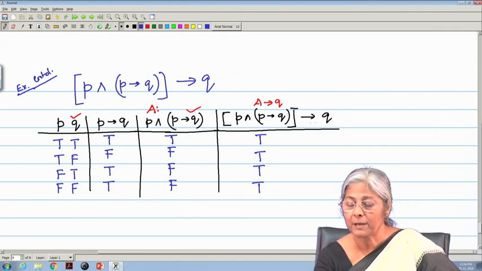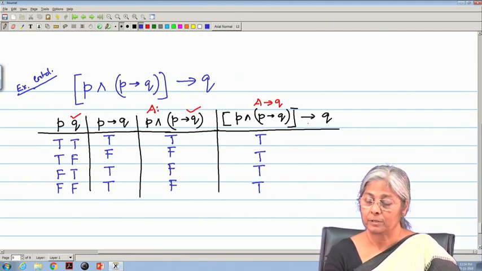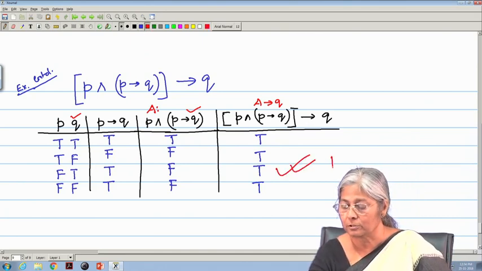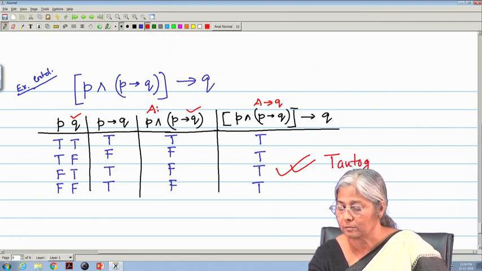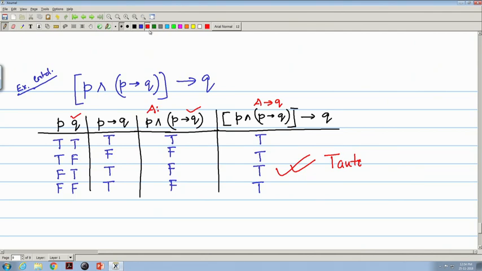When p implies q and p is true, A implies q; when A is false, then by default that implication is true. So, what we see is that this is a tautology.